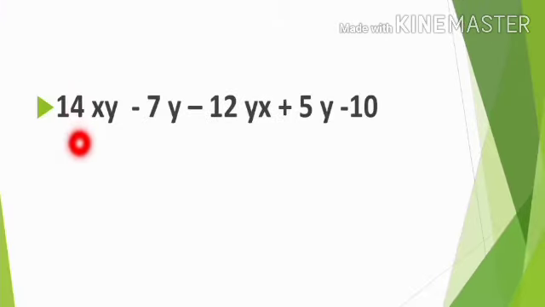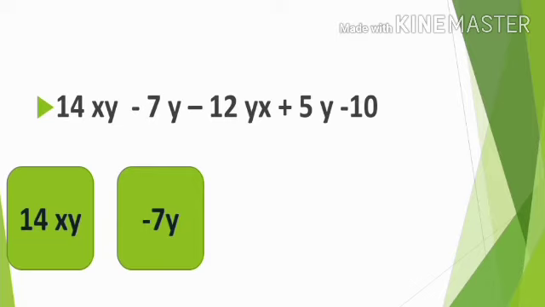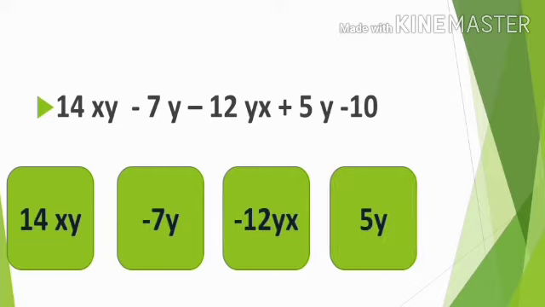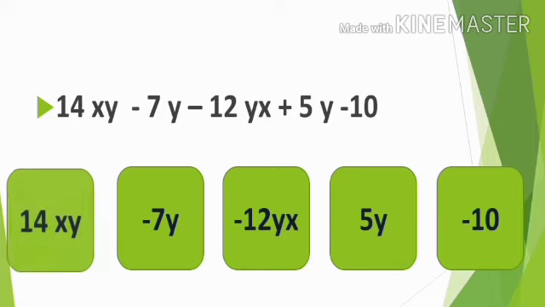The expression 14xy minus 7y minus 12yx plus 5y minus 10 has 5 terms. They are 14xy, minus 7y, minus 12yx, 5y, minus 10. The terms 14xy and minus 12yx are like terms.